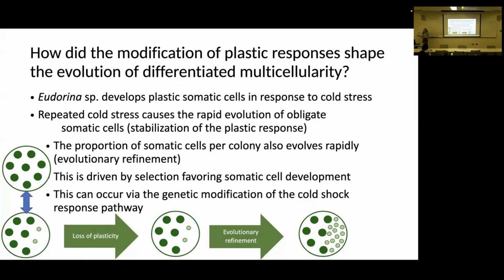And these changes are driven by selection that's favoring somatic cell development. And in at least one line, this is occurring via the genetic modification of the cold shock response pathway, as well as changes to how cells progress through the cell cycle.